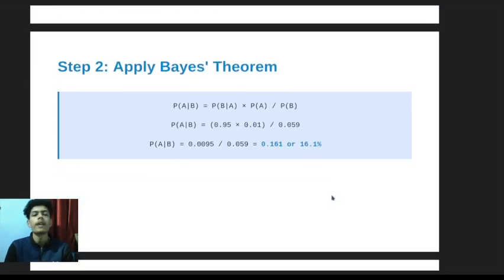Now applying Bayes theorem, we get the probability of A given B as 0.161, and in percentage it is 16.1%.